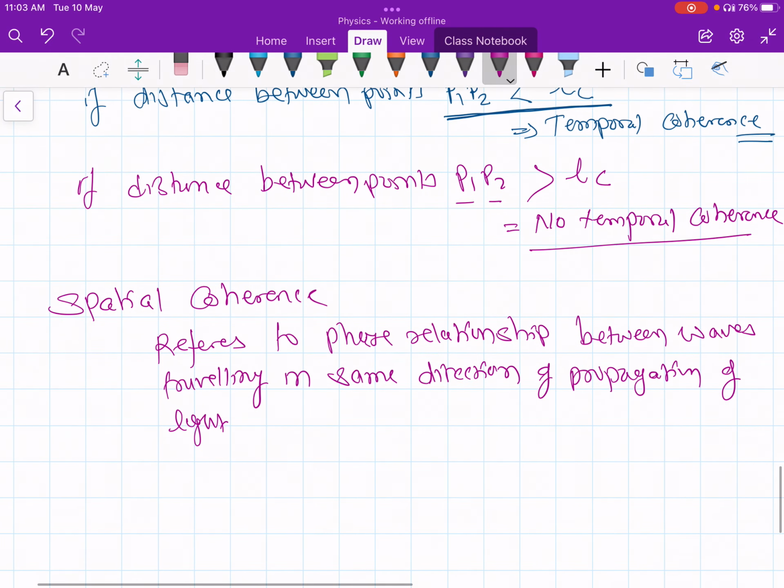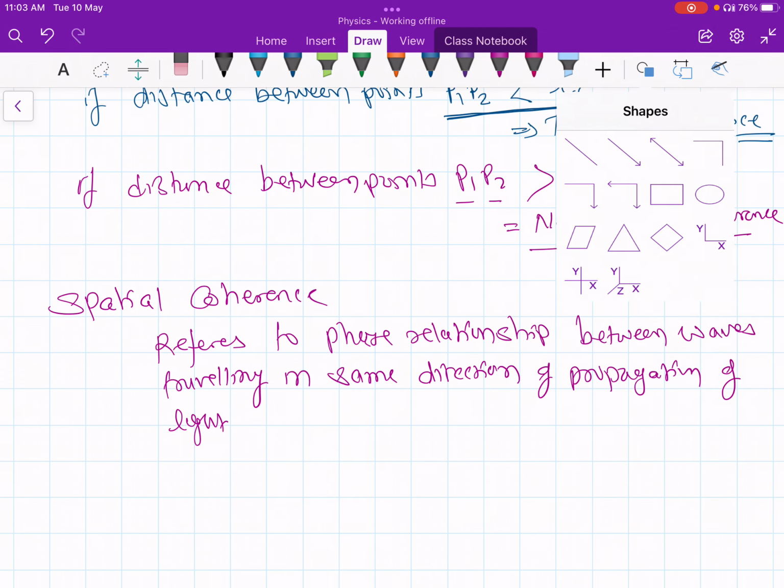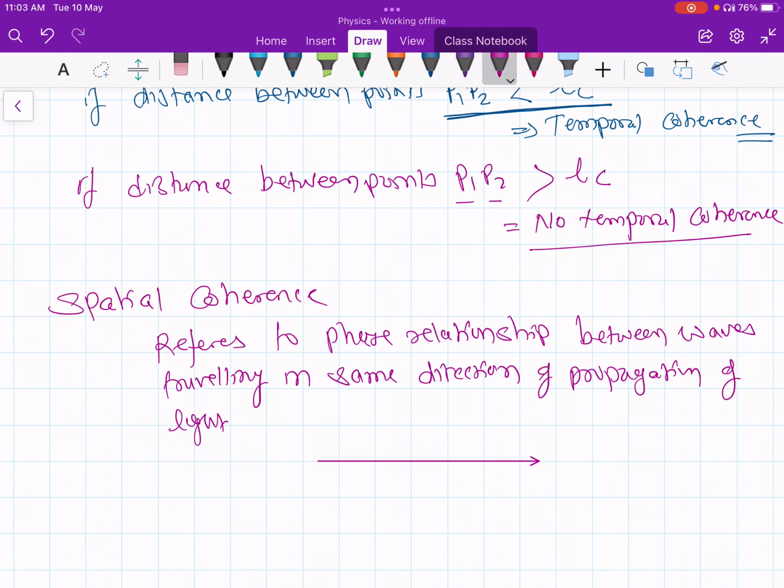Let me draw the diagram here. This is the direction of propagation of light, and the beam of light is traveling in this direction. In that beam, I am considering two waves.